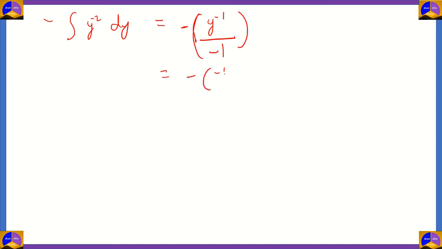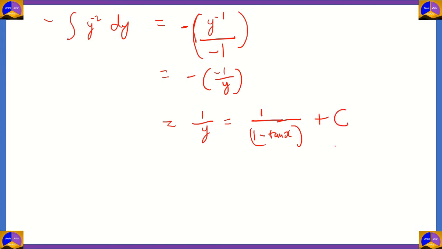So minus of minus 1 by y makes the integral 1 by y. And let's put in the value of y, that is 1 by 1 minus tan x. And then in the end, you can just add a plus c as the constant. And all of this will fetch you another 1 mark. So the integral of 1 by cos square x times (1 minus tan x) the whole square is equal to 1 by (1 minus tan x) plus c.